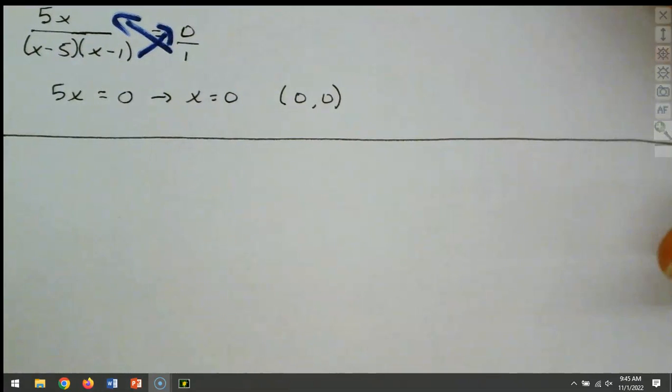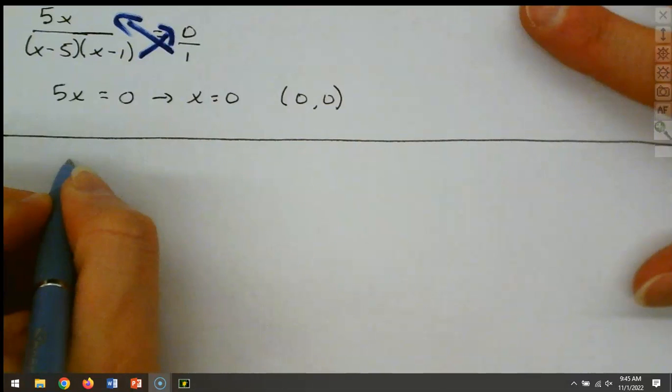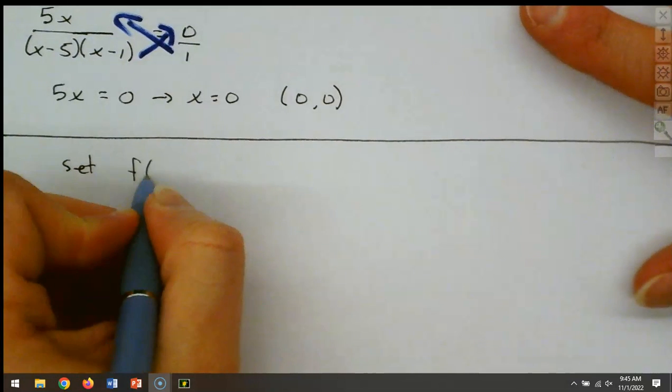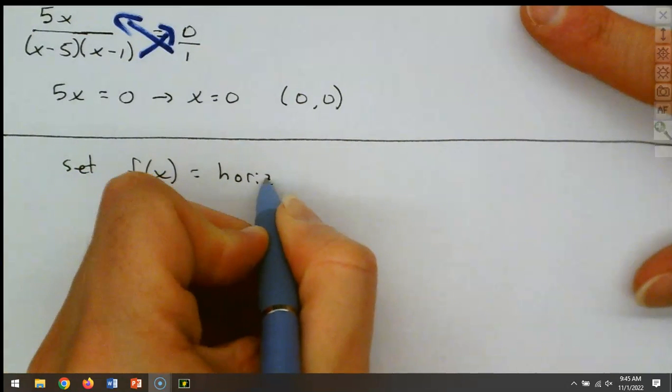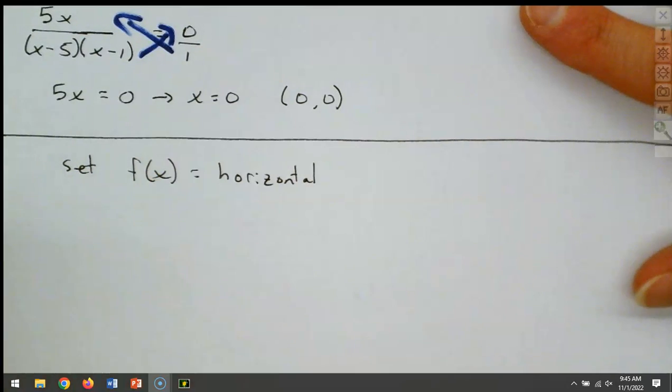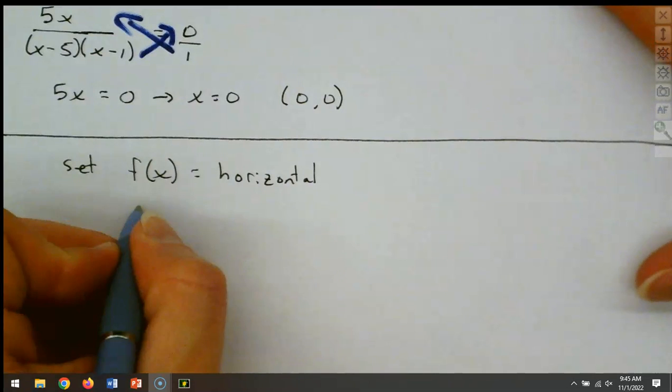So we need to figure out where it crosses, if it does, the horizontal. So you now set f of x equal to the horizontal. And what was our horizontal? If we go back and look, our horizontal was 0, and we just did that.